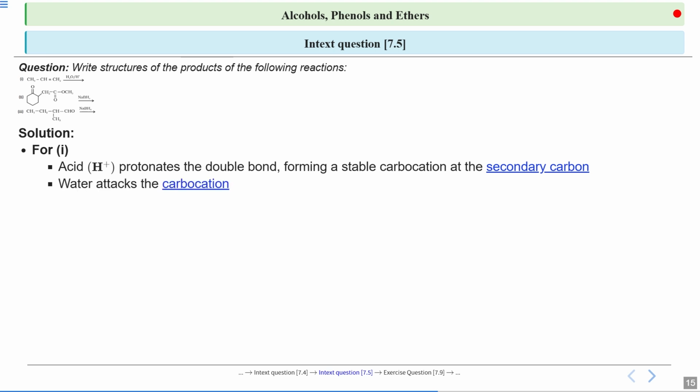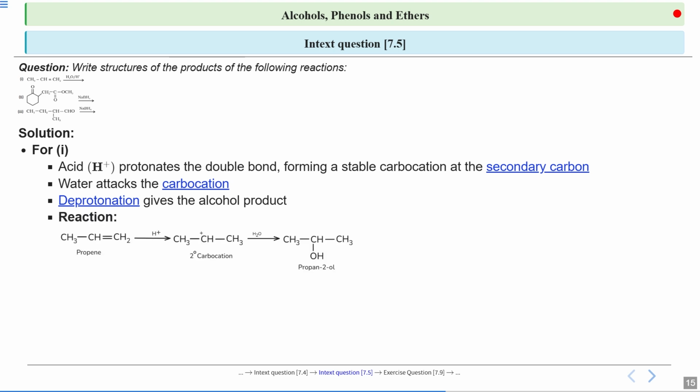What will happen? The water molecule will attack the carbocation, and you will form a protonated compound. Then deprotonation happens on that protonated compound, and it will give you an alcohol as a product. So the reaction is, we have propene, CH3, CH double bond CH2, right?